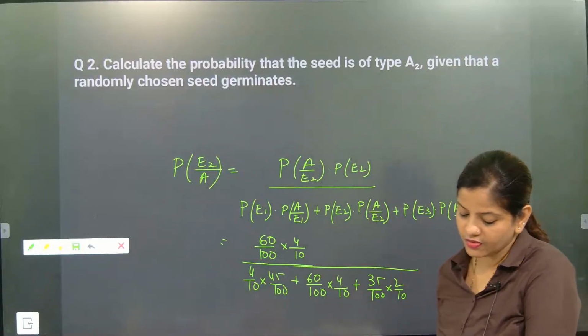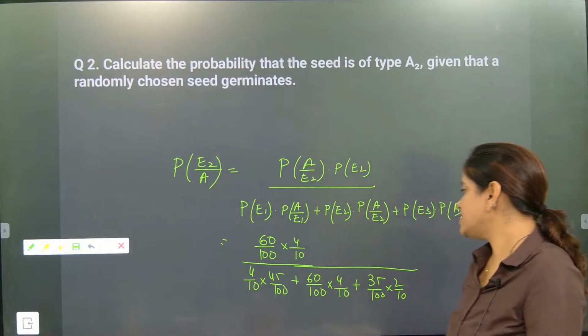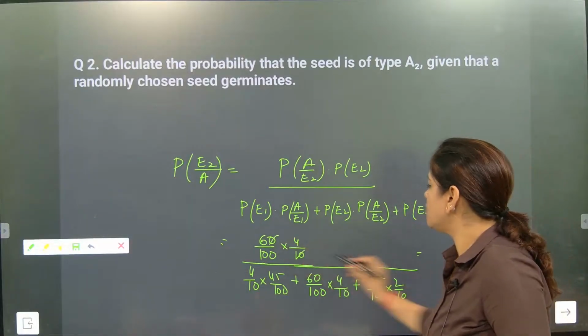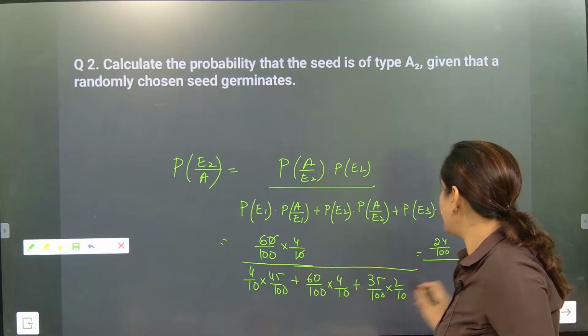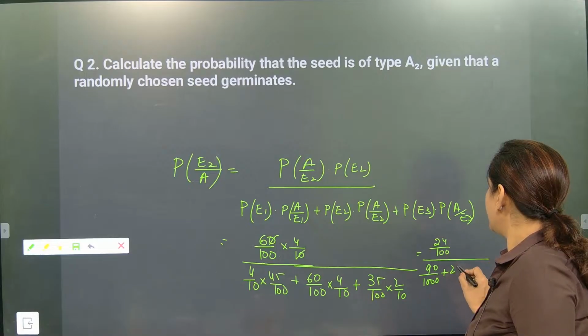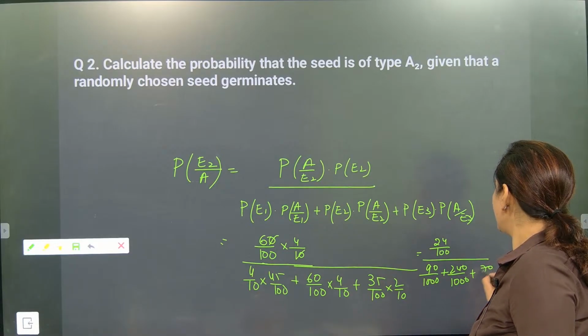What is the answer coming for this one? It is coming 4, 6, 24, so 24 by 100 coming here, beta. Now this part is 90 by 1000 plus again 240 by 1000, and then again 70 by 1000.